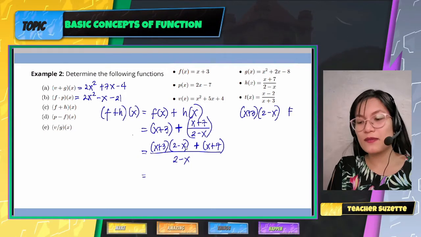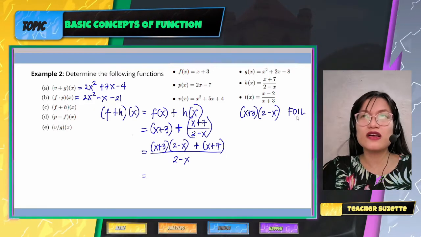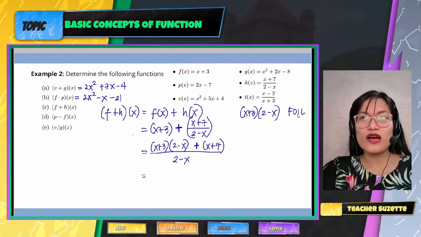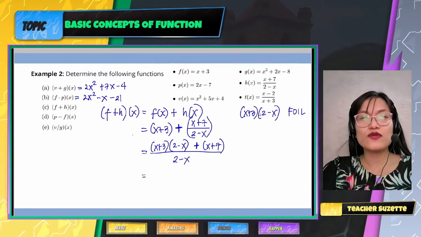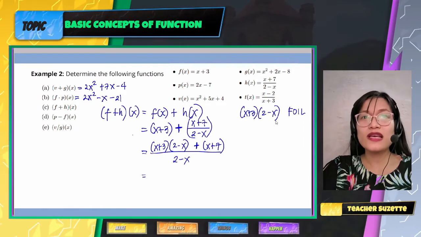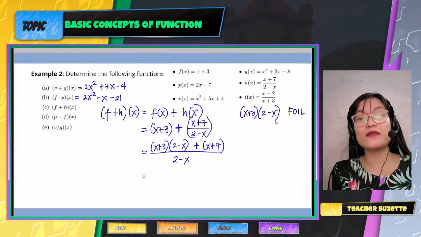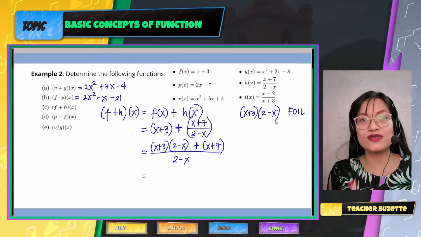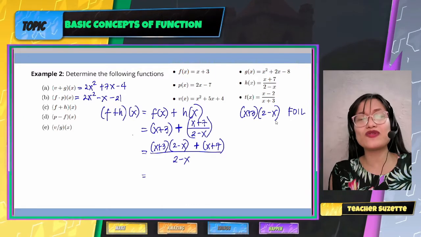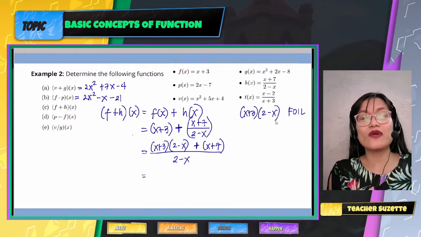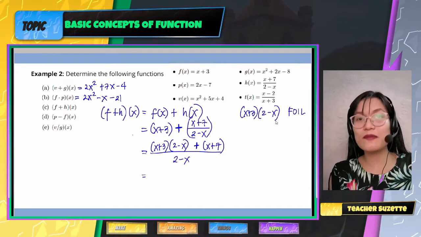Ma'am, can we still use the FOIL method when we add, using your previous solutions wherein you add the outer and inner, even if our terms are arranged like that? Actually, the adding is just what we do in the typical FOIL method, wherein we add the like terms. So, it is still applicable to use the FOIL method. The idea of adding the inner and outer in our FOIL method is that we add the like terms. So, the process is the same.